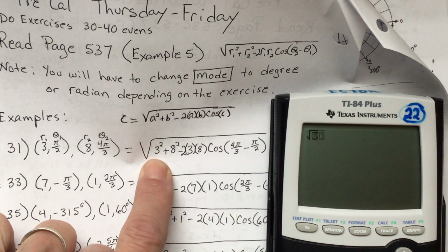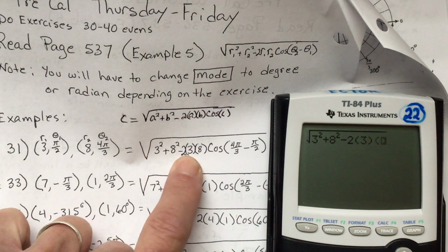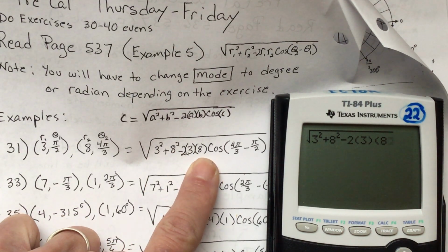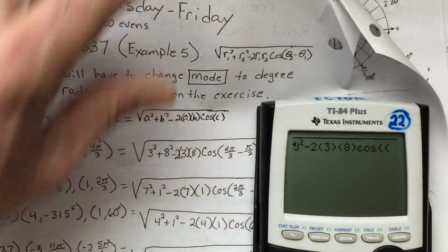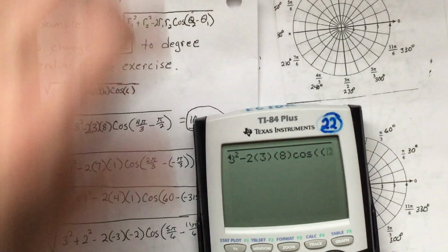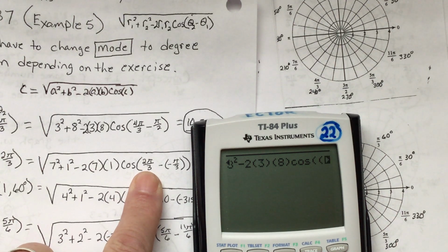All right. 3 squared plus 8 squared minus 2 times 3 times 8 cosine. This is the only tricky part, typing this in.